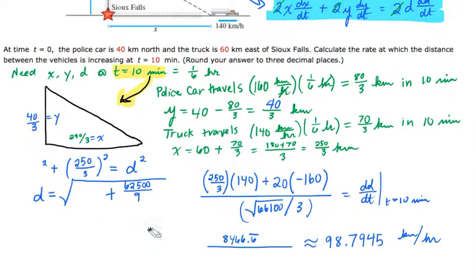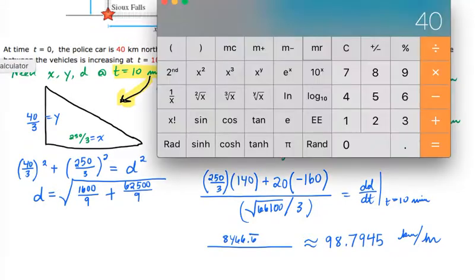Let's change that number. So this is 40 thirds squared. Now let's go ahead and square it. So 40 squared is going to be 1600 over 3 squared, which is 9. Now let's add those numbers.